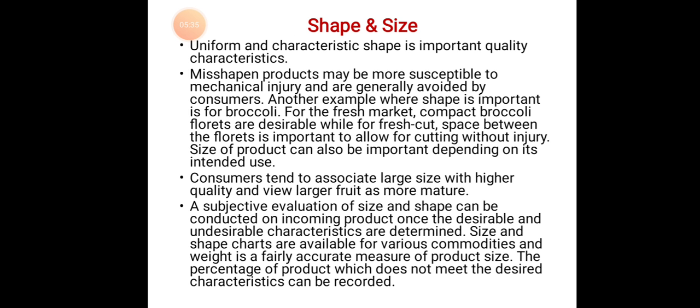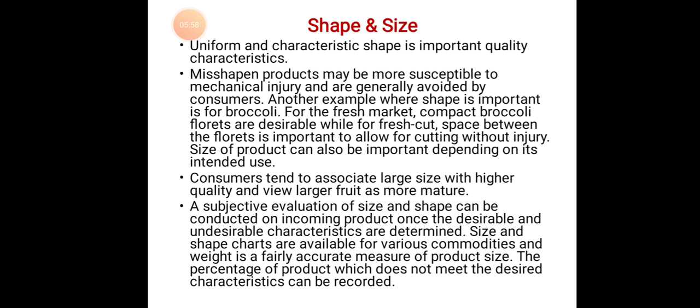Shape and size. Uniform and characteristic shape is an important quality characteristic. Misshapen products may be more susceptible to mechanical injury and are generally avoided by consumers. Another example where shape is important is broccoli.